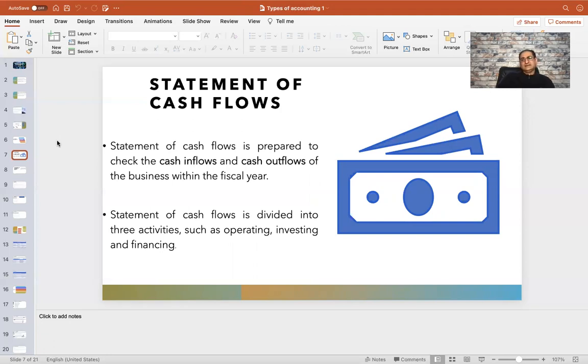We can say that with the help of this financial statement, we can get information about the liquidity of the organization. And accountants need to divide this financial statement into three sections, for example, operating, investing, and financing. All the cash inflows and outflows are divided into these three activities and recorded under these three separate sections.